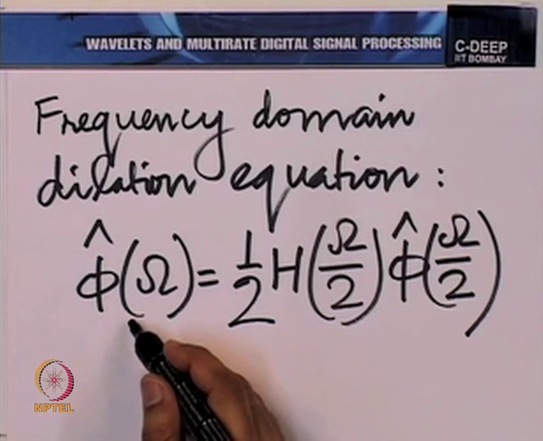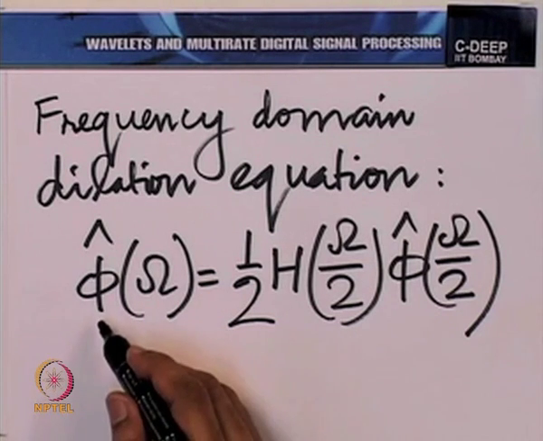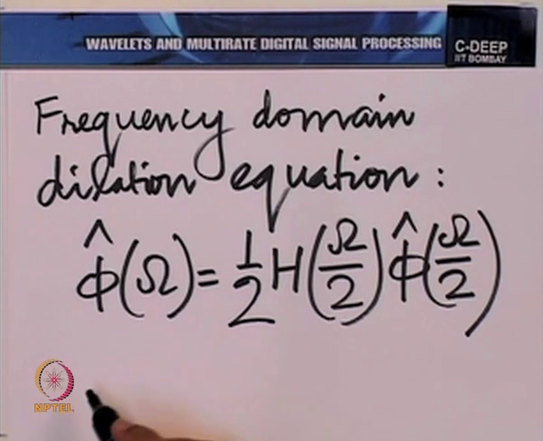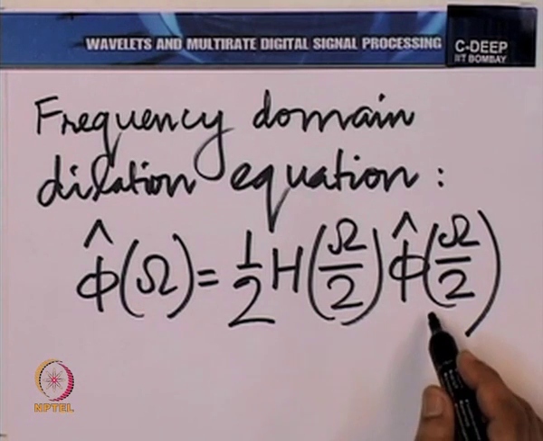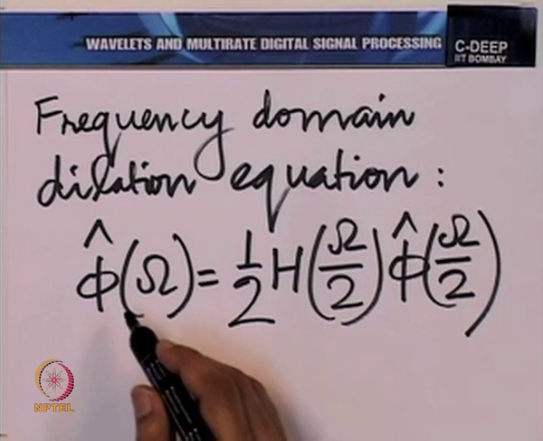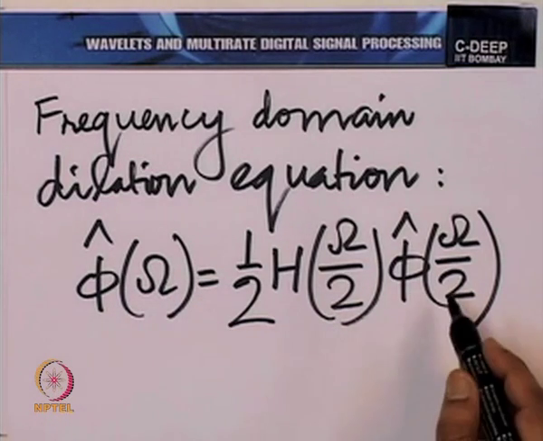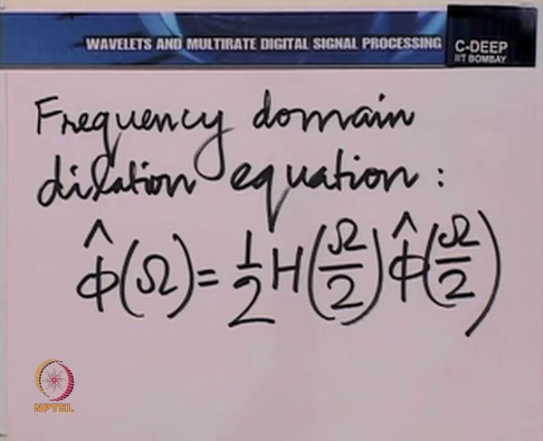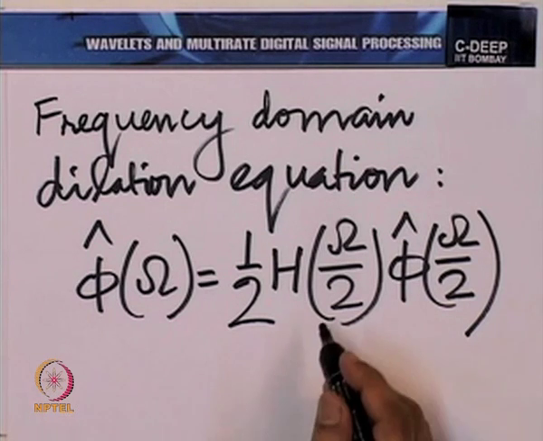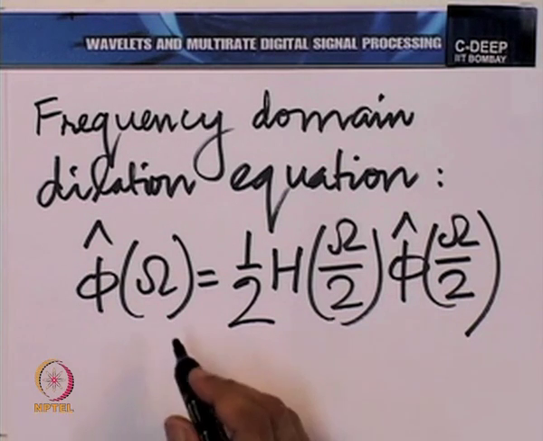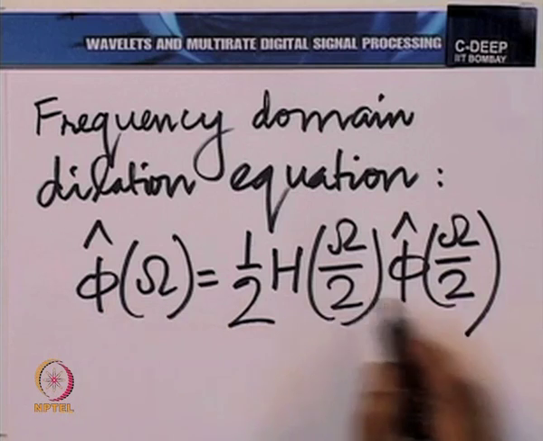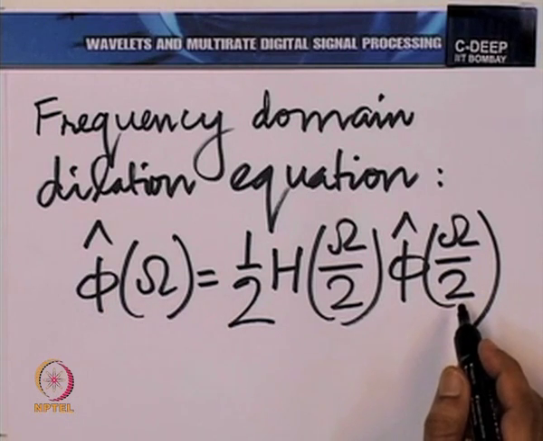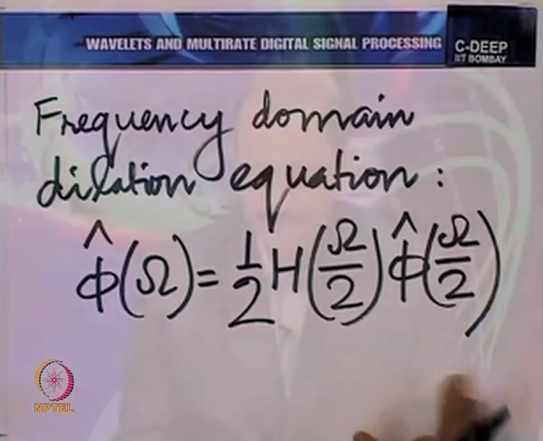How do we interpret this? The Fourier transform of phi t evaluated at omega is equal to the same Fourier transform evaluated at omega by 2 times the DTFT. Now, the beauty is that what we have done here to go from phi cap omega to phi cap omega by 2 can be done to go one step lower.